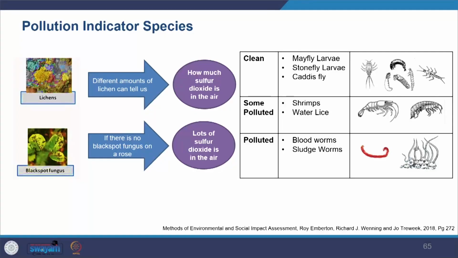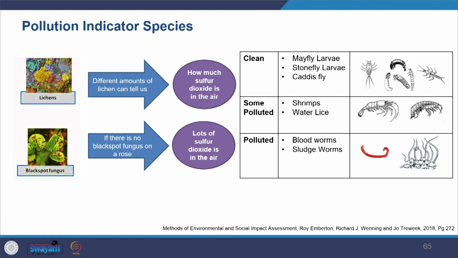You also see pollution indicator species, for example lichens. They can be used as an air pollution indicator, and the kind of environment they sustain indicates a certain level of pollution. In this image, you would see various lichens and black spot fungus. If they are present, it indicates that there is a problem with the air quality.